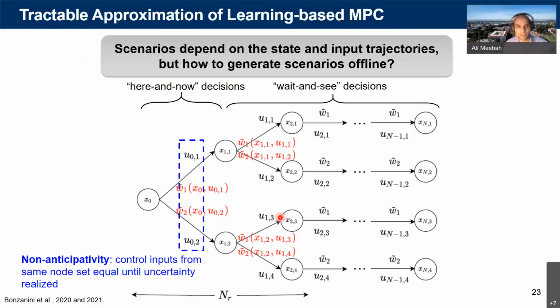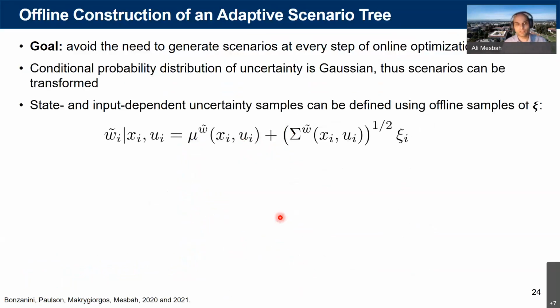So really the idea is to avoid online generation of the scenarios. And what we can do, very conveniently, is leverage the fact that the conditional probability distribution of uncertainties is also Gaussian, right? Given inputs and states, the conditional probability of these scenarios is Gaussian.